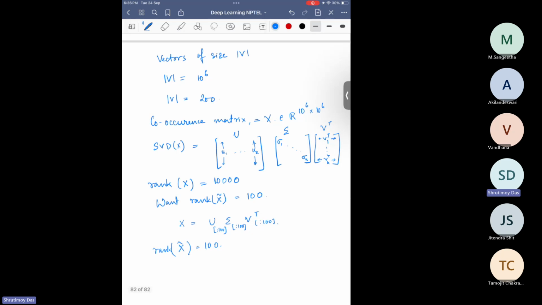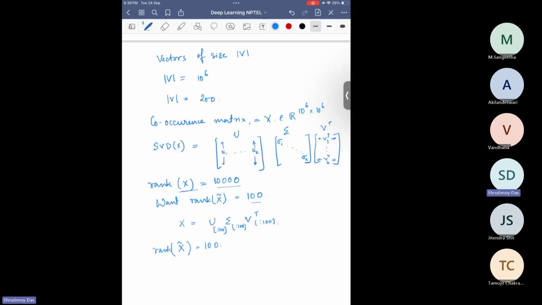Is this visible now? Okay. If it was not visible, I'll repeat. You are given some co-occurrence matrix X, which is of rank say 10,000, and now you want an approximation of X which is of rank say 100.